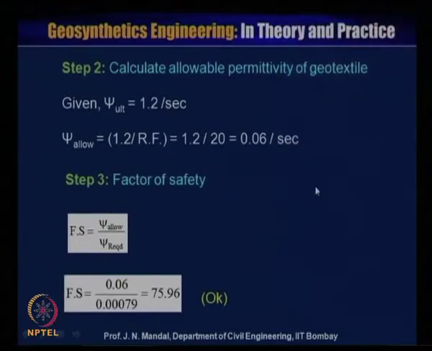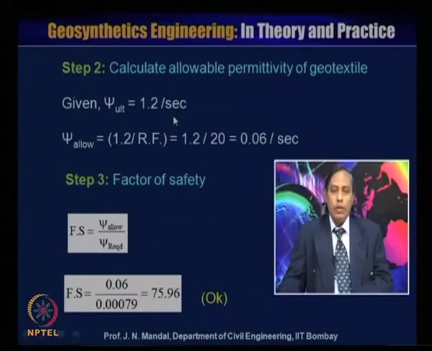Step 2, calculate the allowable permittivity of the geotextile. Psi ultimate is given as 1.2 per second. So, psi allowable will be 1.2 divided by the reduction factor, and the reduction factor is given as 20. So, this will be equal to 1.2 by 20, which is 0.06 per second. Then step 3, factor of safety.